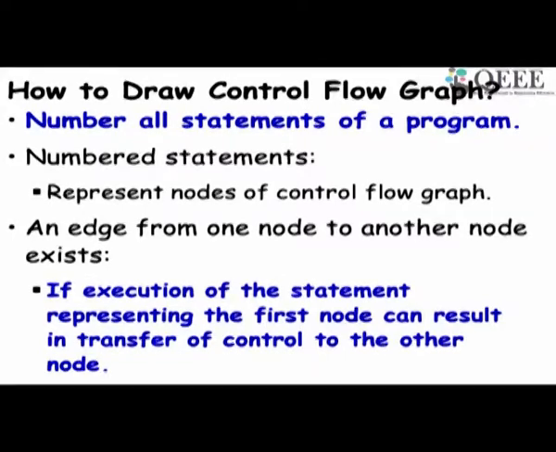So if we have numbered statements 1 to 10, we draw 10 nodes, and then we draw the edges. If there is a possibility that control can pass from one node to another, then we draw an edge between them.